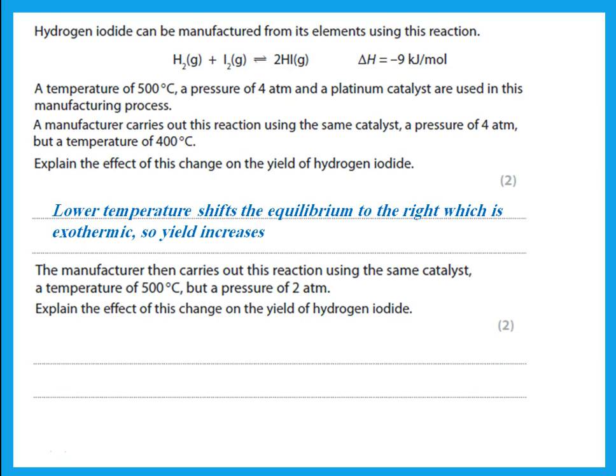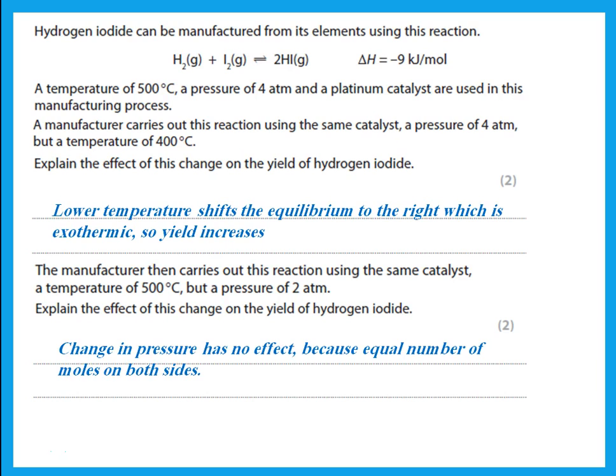Going forward gives me 2 molecules of HI. Going backward gives me 1 molecule of H2 and 1 molecule of I2. That means 2 molecules also. So I have the same number of molecules on both sides. Changing pressure will have no effect on the yield because there is an equal number of moles on both sides. Going forward, it's 2. Going backward, it's 2. So this will not affect the point of equilibrium.